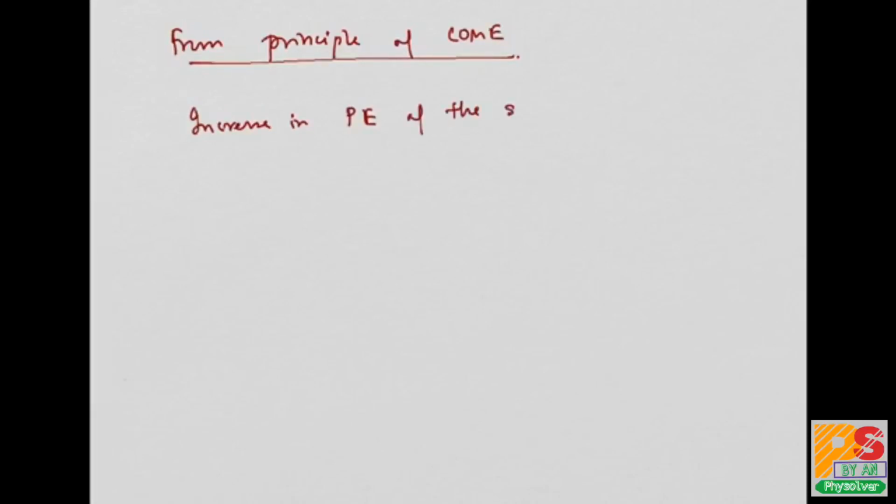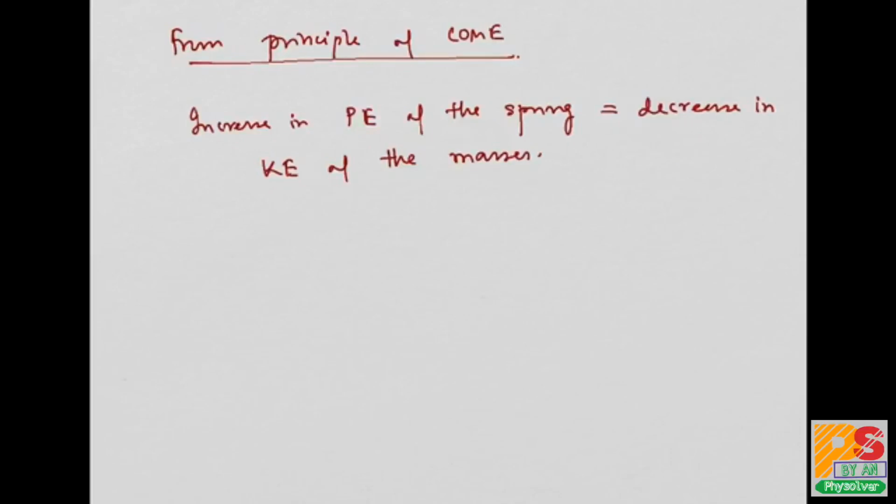Now from the principle of conservation of mechanical energy, I can write the increase in potential energy of the spring should be equal to the decrease in kinetic energy of the two masses.